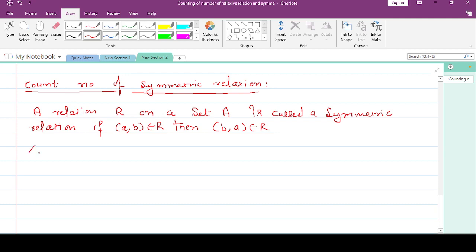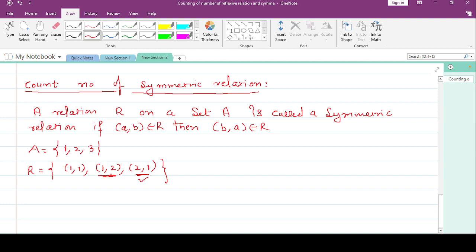For example, if we have this set and here I take this relation: (1, 1), (1, 2) and (2, 1). Then you see that if you have the element (1, 2), then (2, 1) has to be present in the relation if it is a symmetric relation.